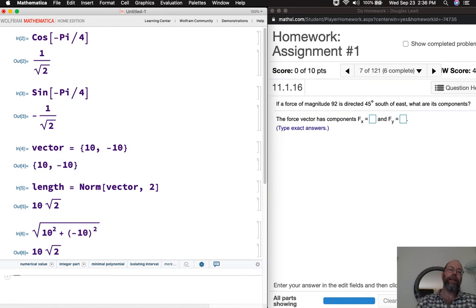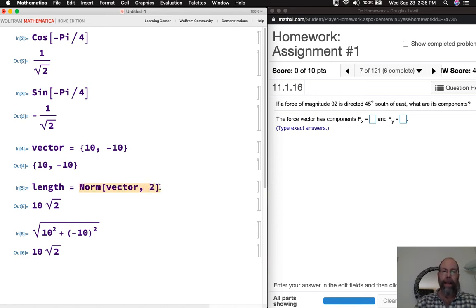It's the same thing as just using the norm command here. It's just a little bit less typing, and easier if you use the norm command. Your choice. Or you can do it this way if you are uncomfortable using the norm command. But this is actually what the norm command does, assuming, of course, that the second argument is 2.